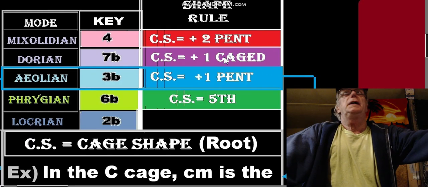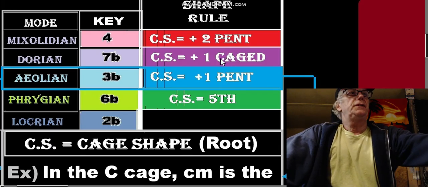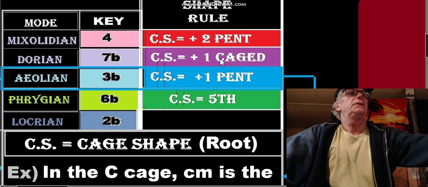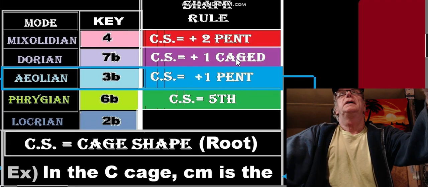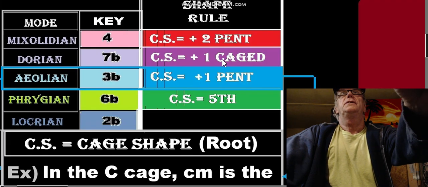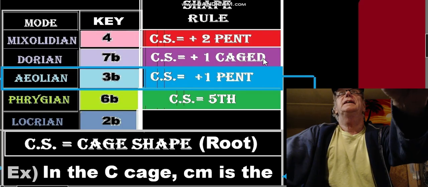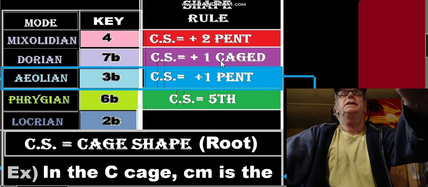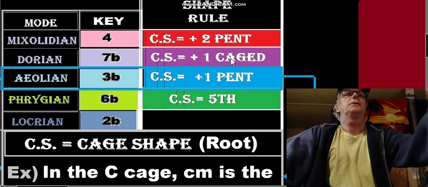D, E, G, A, C, and then D again. See how D connects to C again on the way down? That's what I wanted to do before.